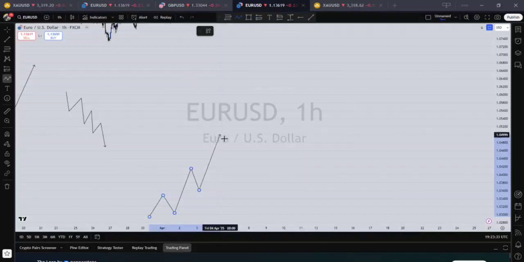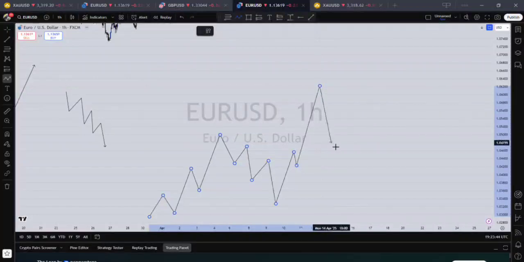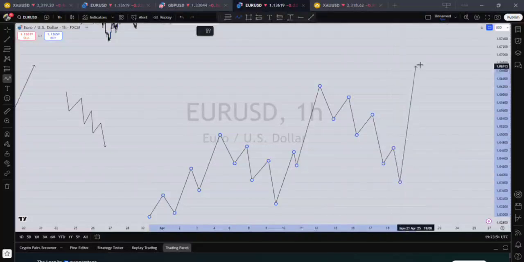Okay, maybe this is the 30-minute view, and then we'll have something like this, and then maybe something like this. Okay, so this is the retracement before we get to the 4 hours POI, and then boom, up again.